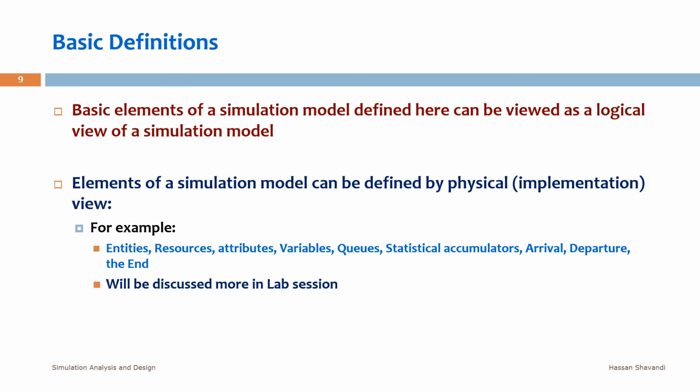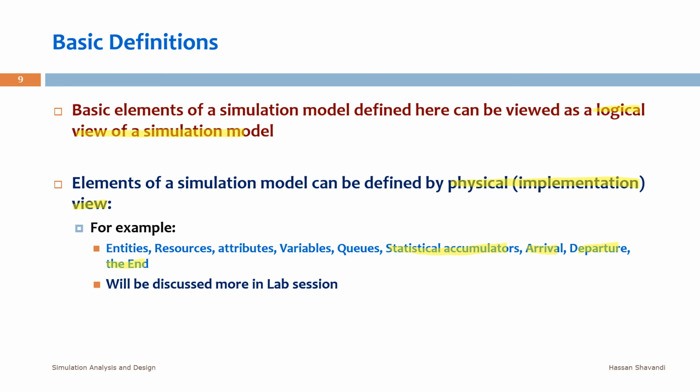But that is based on a logical view. If we consider a physical or implementation view, we may have more elements, like statistical accumulators, arrival, departure, the end, and so on. We may have more elements in our simulation model based on the approach we take.